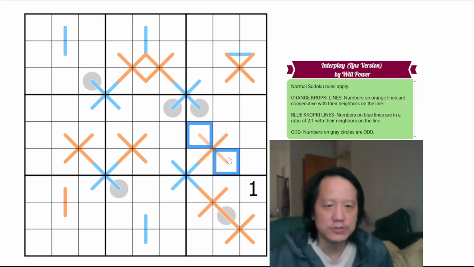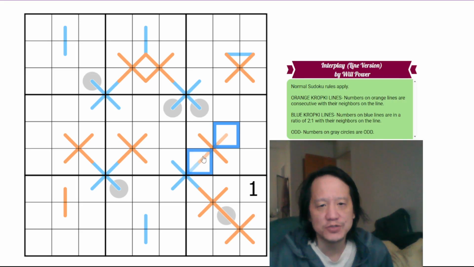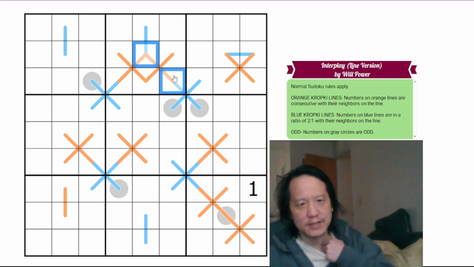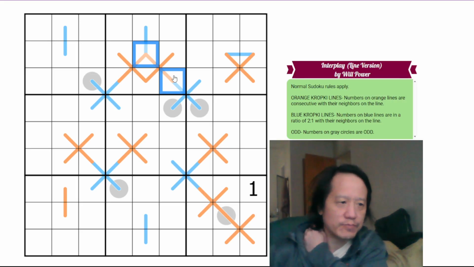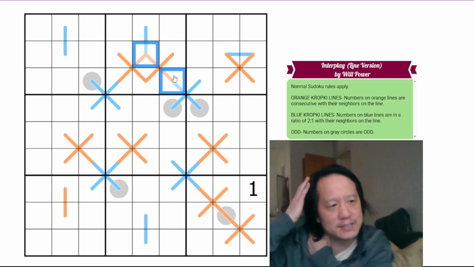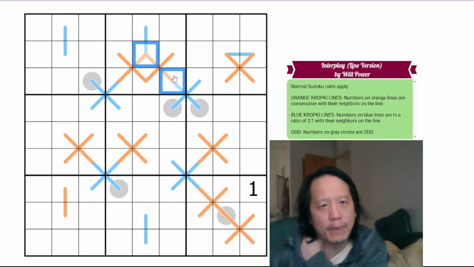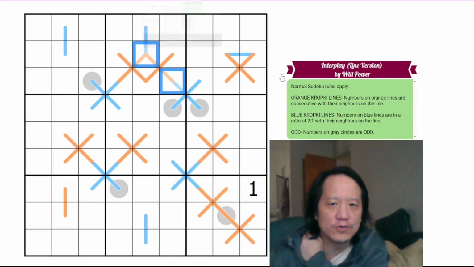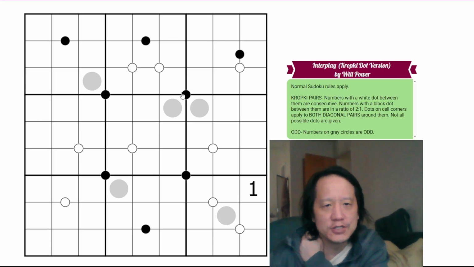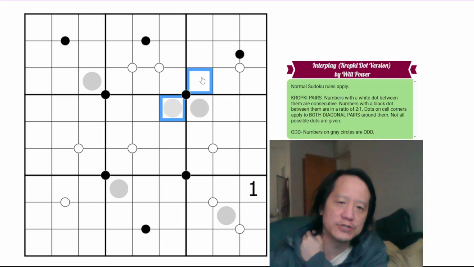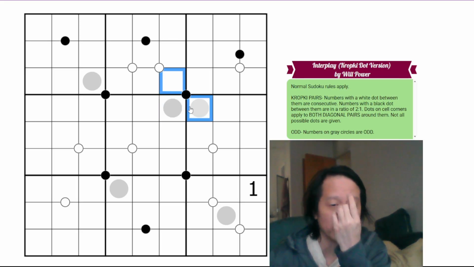So these two diagonals would be consecutive, and these two diagonals would be consecutive. The line version is showing specifically how they interact. Whereas the dot version is cleaner, but it's harder to understand what exactly is going on.